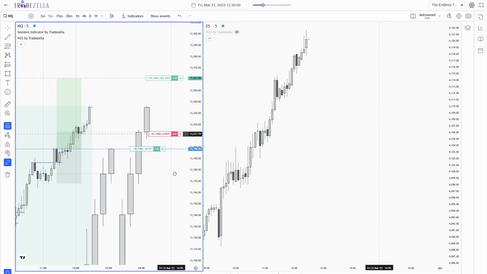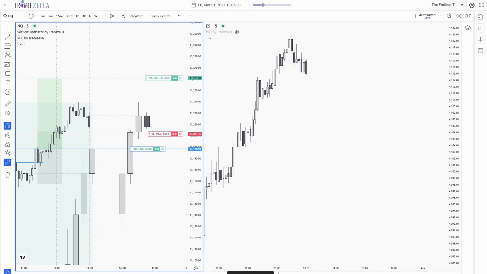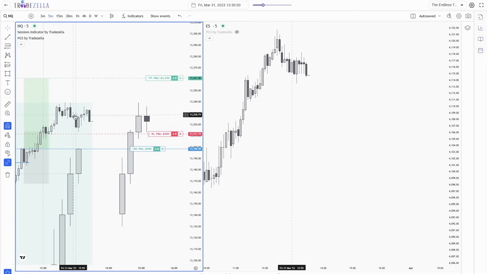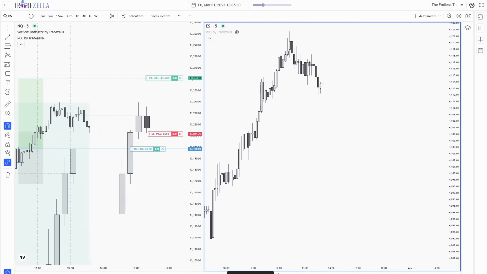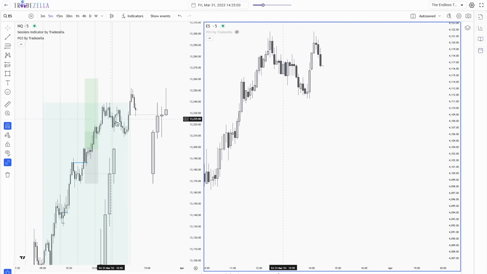Putting my stop loss to this order block low. Continuation. We have another order block. Price is consolidating. I think this is it for the daily range. Maybe it will expand. Consolidation.